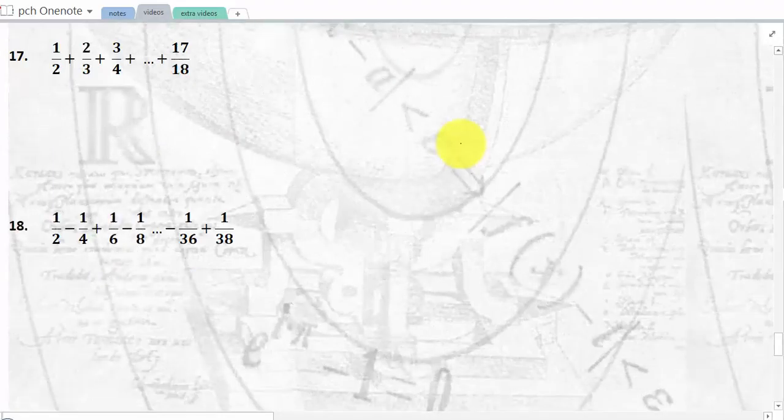So in number 17 we have to write this using the sigma notation. It's going to be the sum from, let's call it k this time. Okay, so you have 1/2, 2/3, 3/4, 17/18. So obviously it is k over k plus 1, or if you wanted you could write k minus 1 over k.